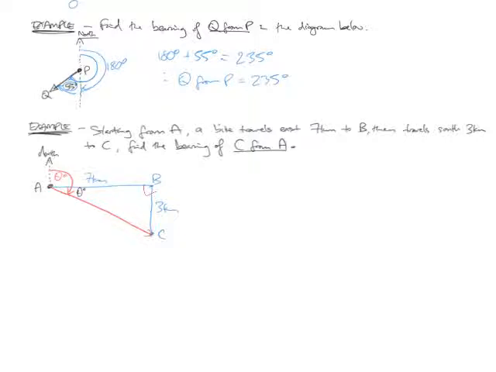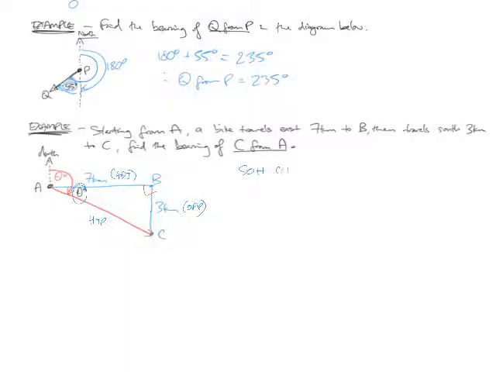So let's do some working out here. Let's use some trig. We know we're going to need to find that angle there. This is the adjacent. This is the opposite. We don't know the hypotenuse, and it doesn't matter. We don't care about the distance from A to C. We're worried about the angle.